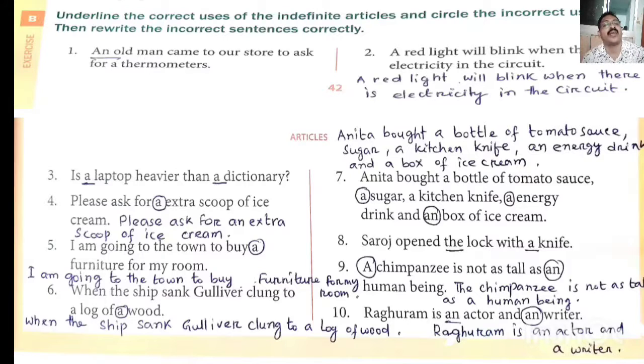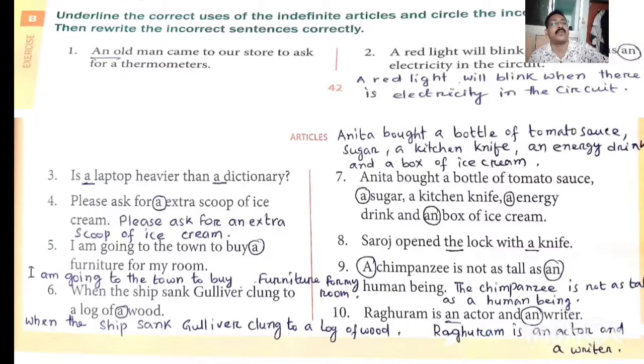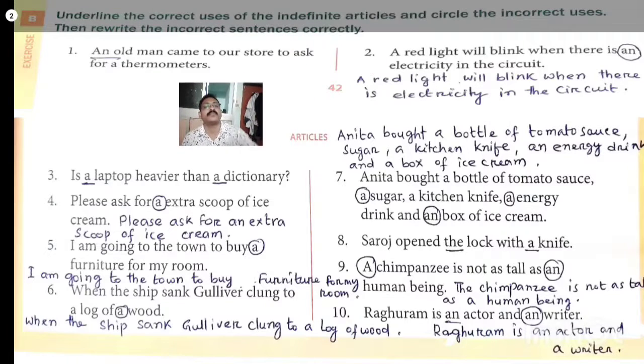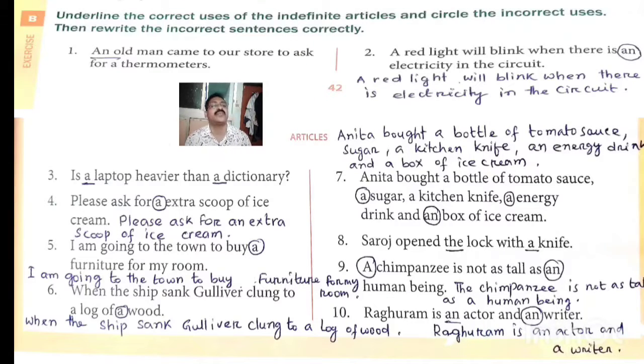Second one: A red light will blink when there is an electricity in the circuit. Here electricity, E is a vowel, that's why an is used.